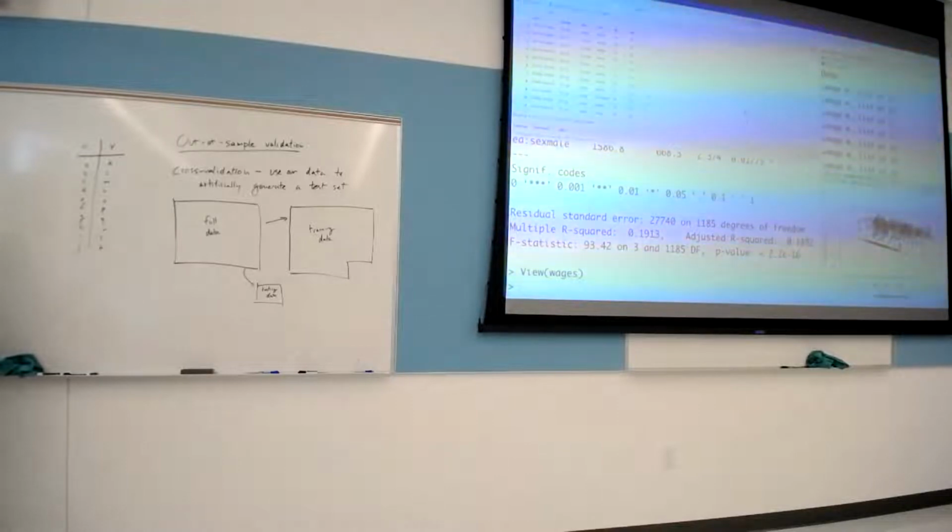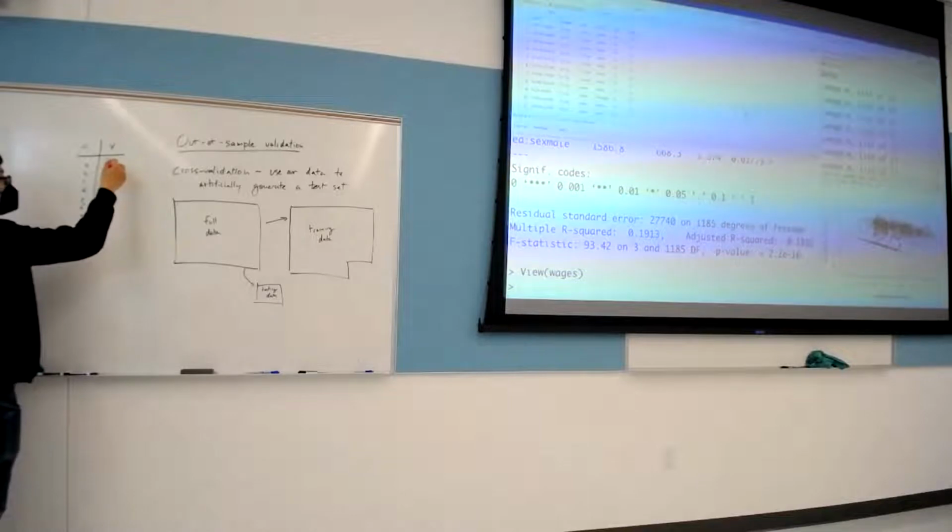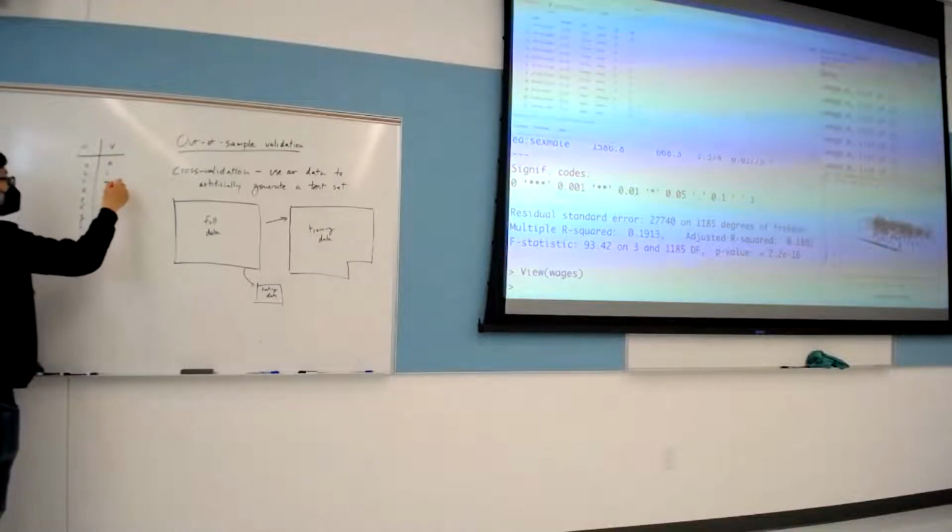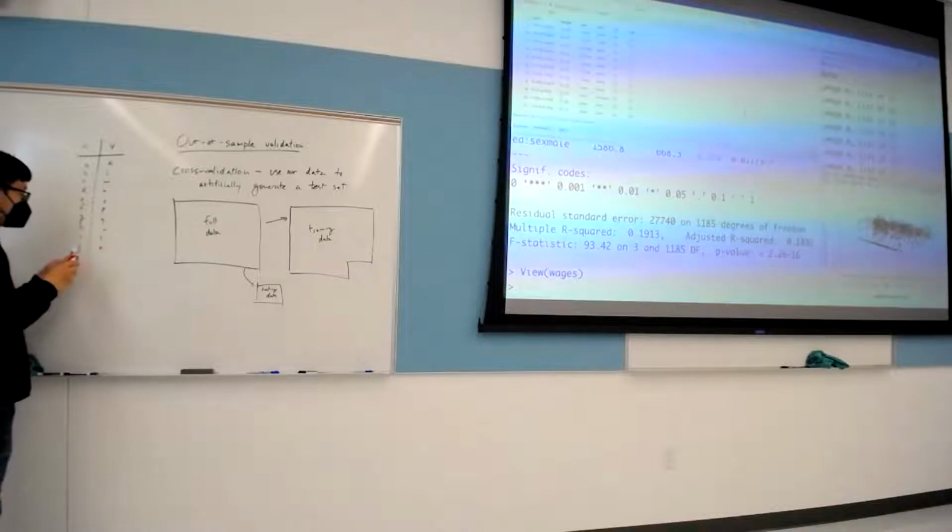So what I'll do is, through some kind of random selection procedure, I'm going to assign them into certain groups, maybe like this.